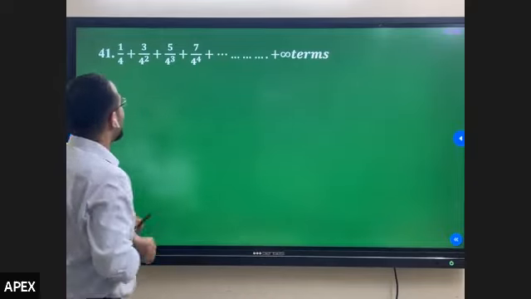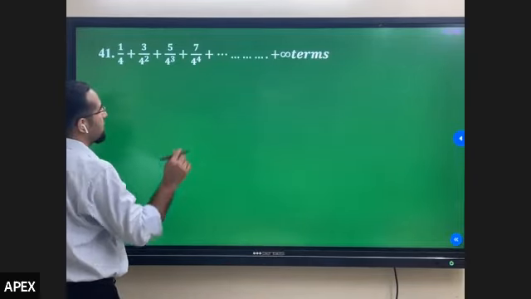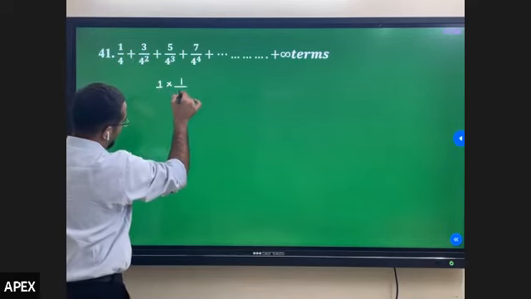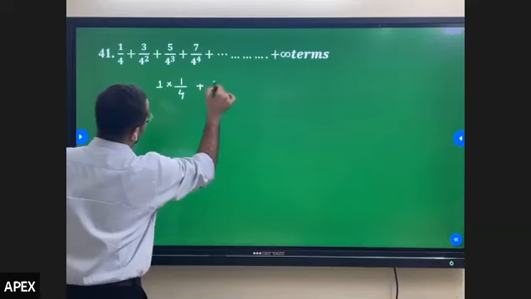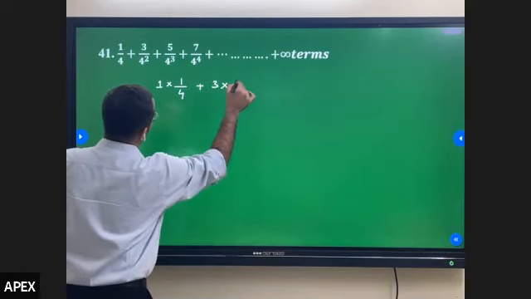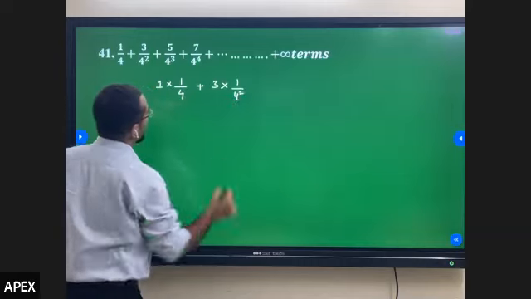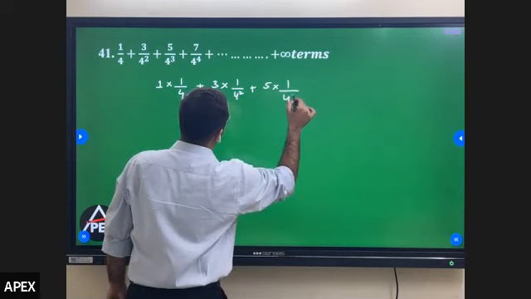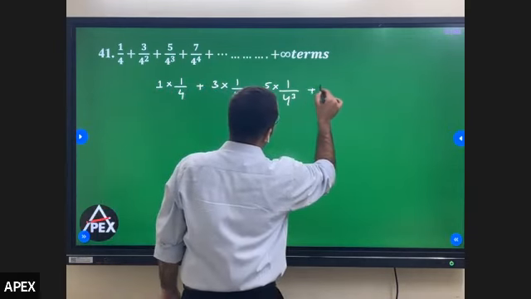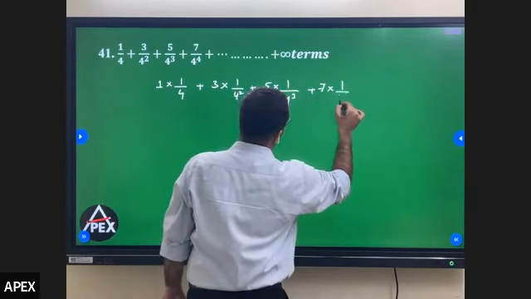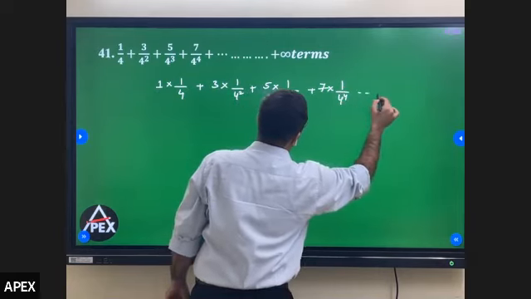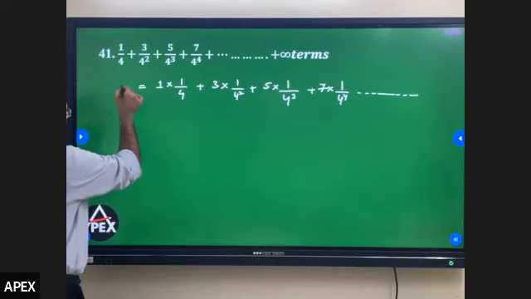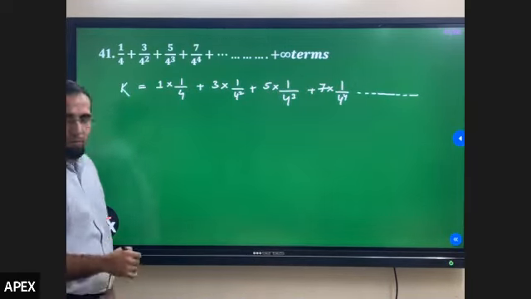Let the series be k, guys. It's very clearly an arithmetic-geometric progression series, because this can be written as 1 into 1 by 4, plus 3 into 1 by 4 square, plus 5 into 1 by 4 cube, plus 7 into 1 by 4 to the power 4, and so on, is equal to, let's say, k.